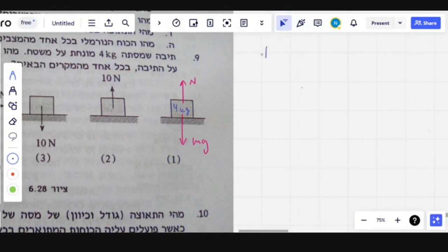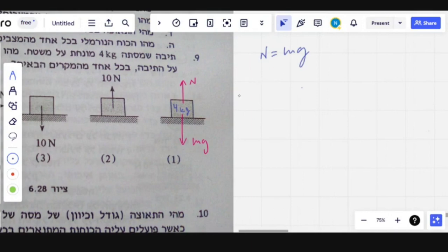How do we find out how much the 4 kilograms is in mg? The 4 kilograms is just the m. This is the mass.